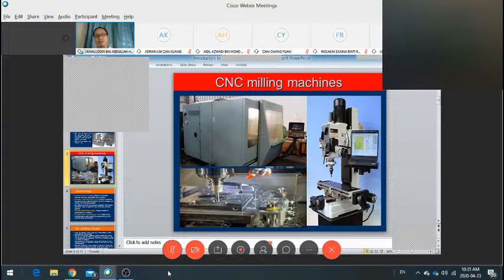You can damage the tool, or the cut may not be accurate, because we know that when the temperature rises, material will expand, or some metals will become softer. They will soften at elevated temperature. So we don't want that to happen, so we use coolant. This is a general picture of how machining takes place.